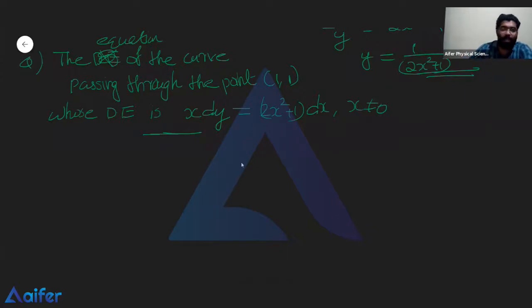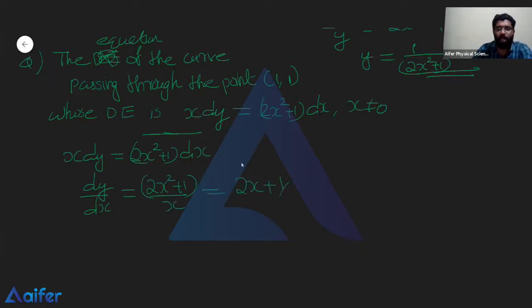Okay, let us start. We have x dy = (2x² + 1) dx, right? So dy/dx = (2x² + 1)/x. This is nothing but 2x + 1/x.